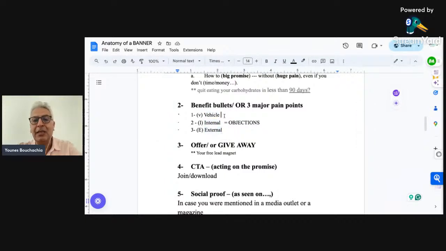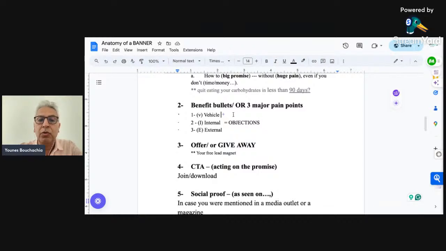The first thing that somebody will object to is the vehicle itself by saying, oh, I'm tired of spending my money on programs. I spent like 5 or 10 programs and never had any success. So the first thing they do is object to the vehicle itself, which is very normal.